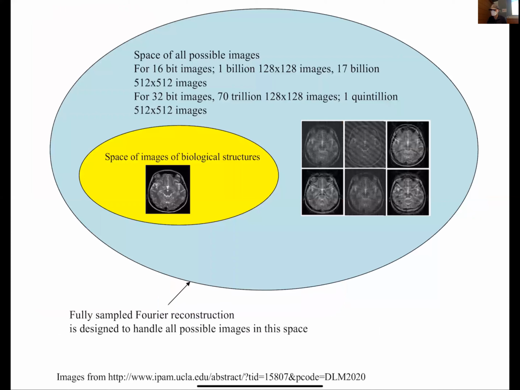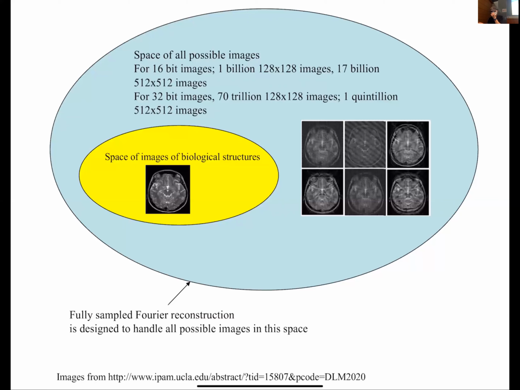So here's the basic idea. Every image, you can represent in a number of bits, right? A bit means how many values each voxel can take on.